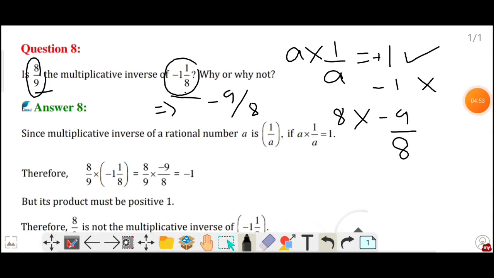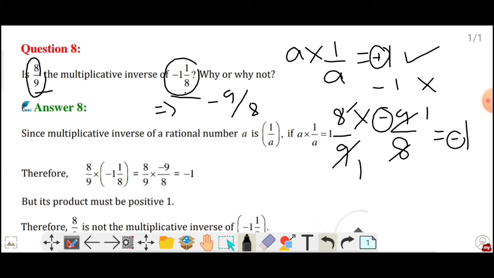They gave 8 by 9 into minus 9 by 8. 9 and 9 cancel, 8 and 8 also cancel. The remaining answer is 1, but here the minus symbol is there, so I am going to write minus 1. We got a minus symbol, which means it is not a multiplicative inverse. Whenever we get a multiplicative inverse, it is only plus 1. When we get plus 1, that is a multiplicative inverse.